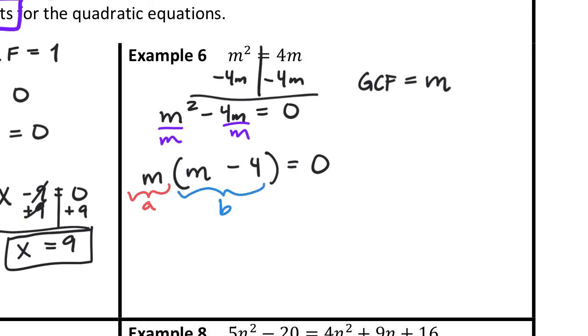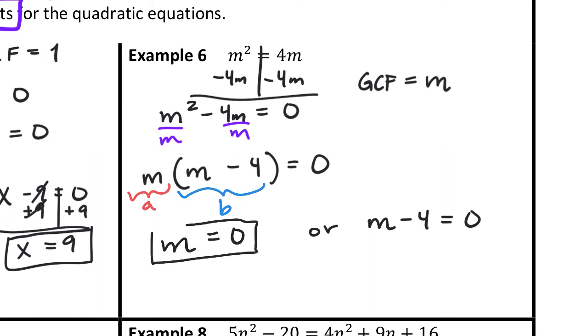So if I multiply them and I'm getting 0, that means that either m equals 0 or m minus 4 equals 0. And so this gives me one answer. And here I would have to add 4 on both sides. These cancel, and I get m equals 4 as my second answer.